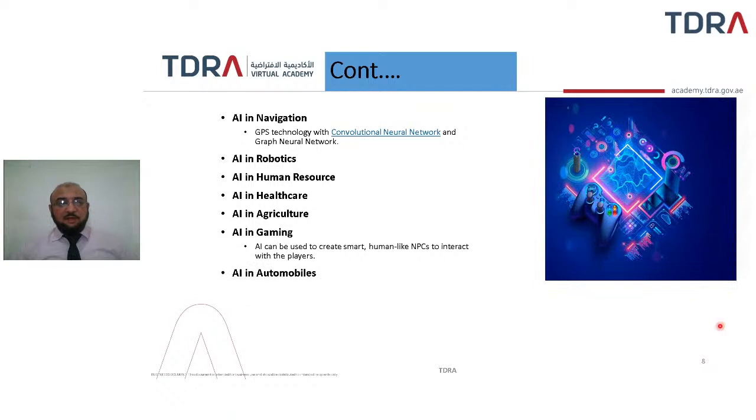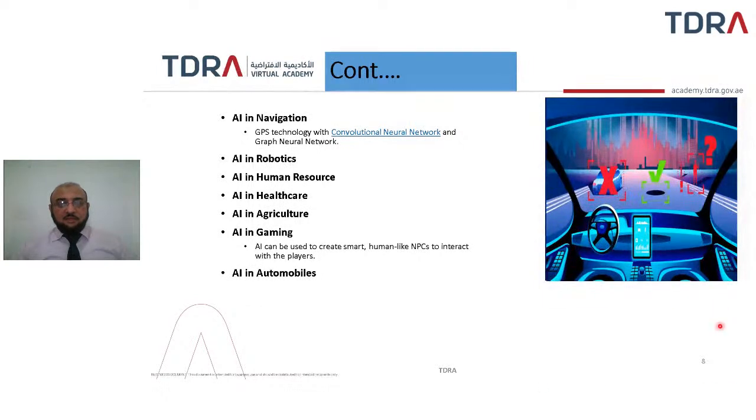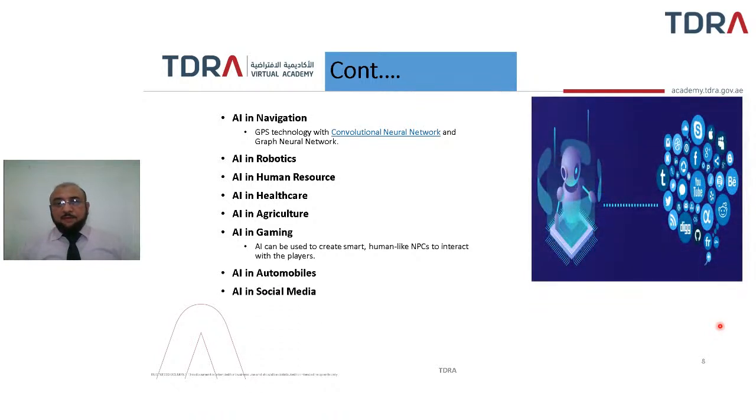Then we have AI in automobiles, like the great invention of the self-driving car. Deep learning, which is a branch, a subset of AI, is used in the self-driving car. Then AI is used in social media, like Twitter, Facebook, YouTube, LinkedIn.